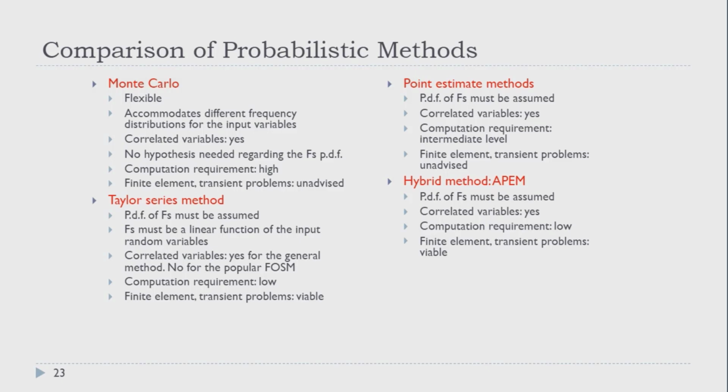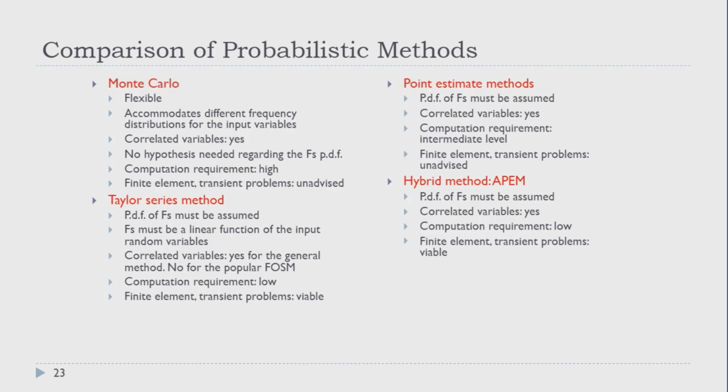transient problems. The point estimate method is very similar to the Taylor series in terms of what we need to assume, the PDF for the factor of safety. We can consider correlated variables, but the computation requirements are much higher.